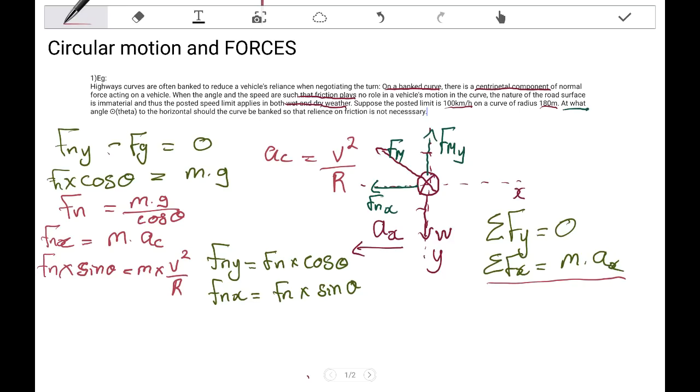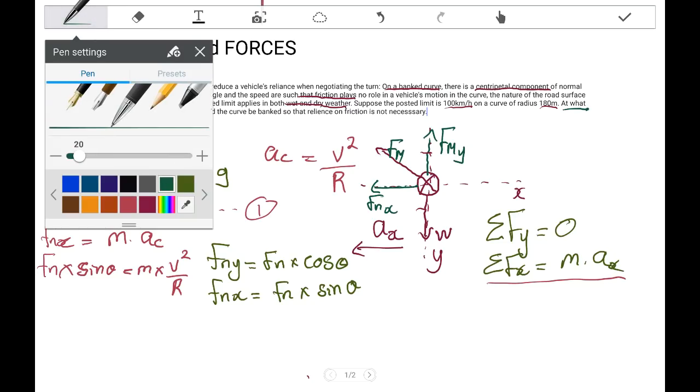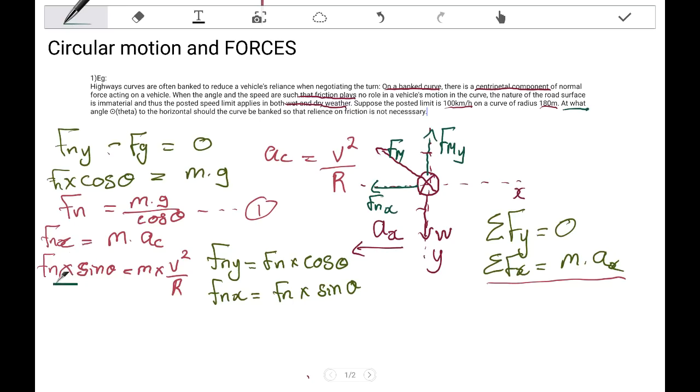So if you substitute v squared over r, you are going to have something like this. Remember that I have Fn here, the normal force. I can call this equation 1. Therefore, I can substitute that Fn here so that I will find my theta.